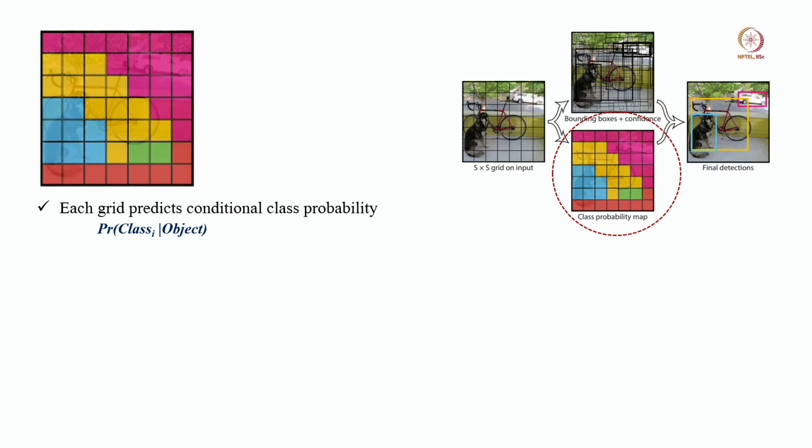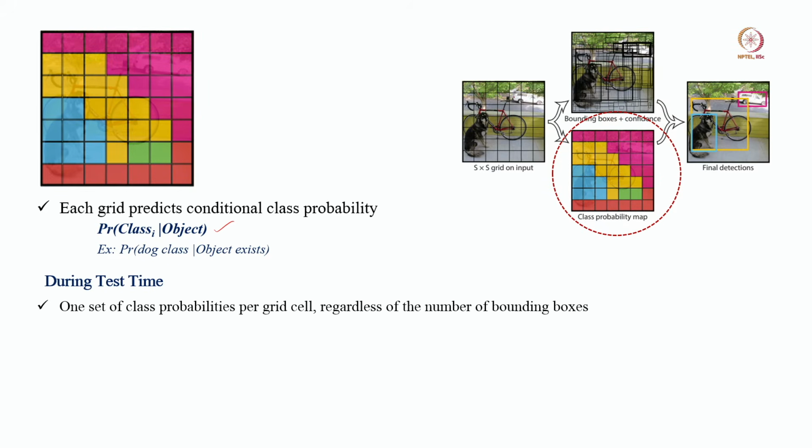That is the probability of class I given there is an object. Given there is an object inside the grid, what is the probability that the object is class I? For example, I will just write probability of dog class given an object exists in that grid. That is how the conditional class probability is computed.